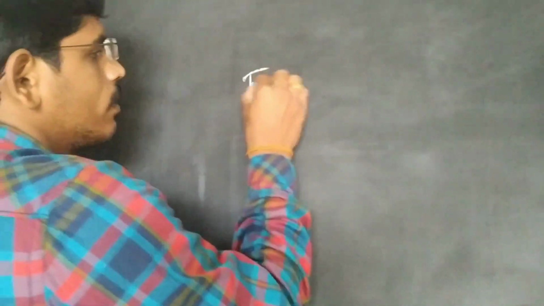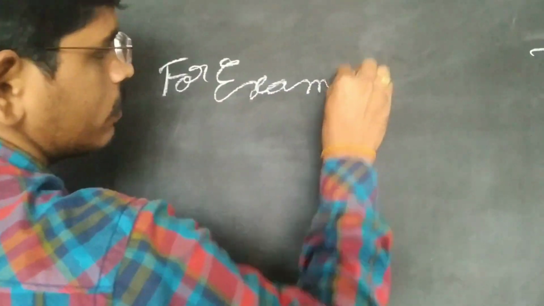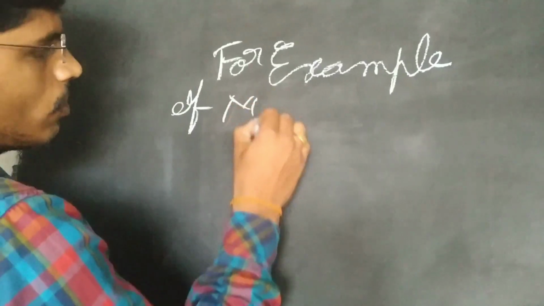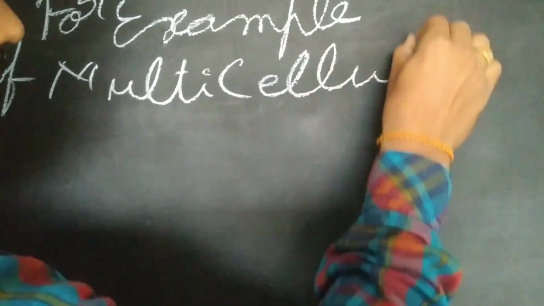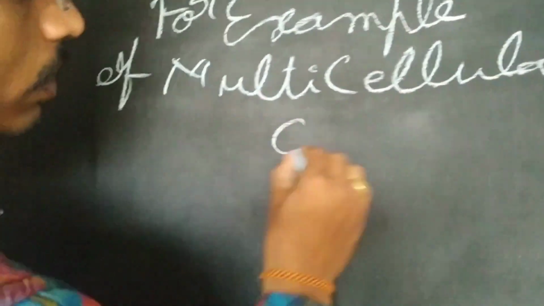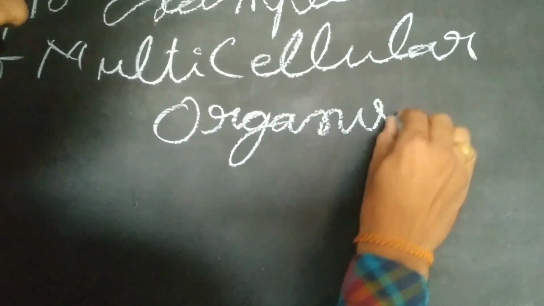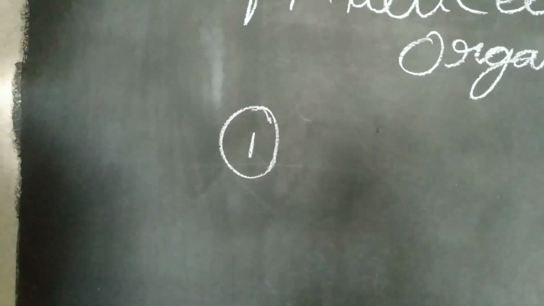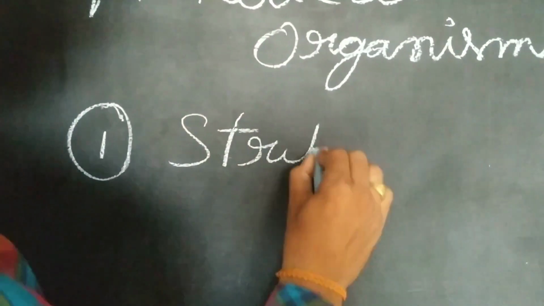For example, of multicellular organisms, the first one we discussed in our previous class is striped muscle cells.